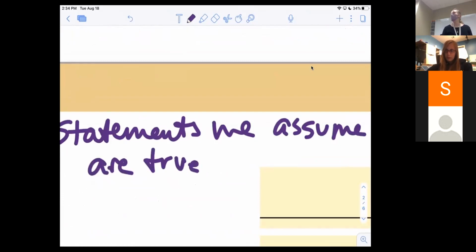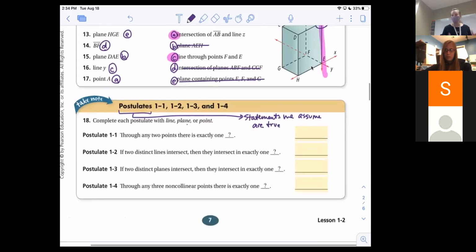I call them like, oh, duh theorems. It's like, oh, duh. When you see it, you're like, well, duh, that makes sense. Theorems are statements someone has proven. They put work in, they've shown why it is true. Postulates are just statements we assume are true. Postulates is not a huge word you need to know, just in case anyone is wondering, that's what it means.